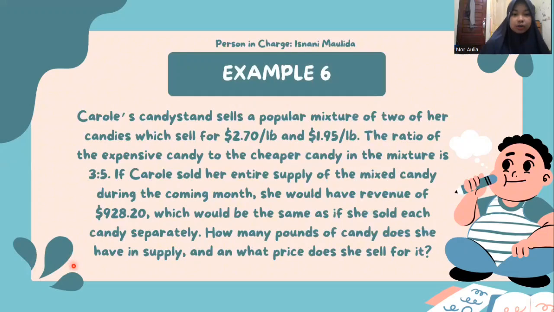If she sells her entire supply of the mixed candy during the coming month, she will have revenue of $928.20, which would be the same as if she sold each candy separately. How many pounds of candy does she have in supply, and what price does she sell it for?